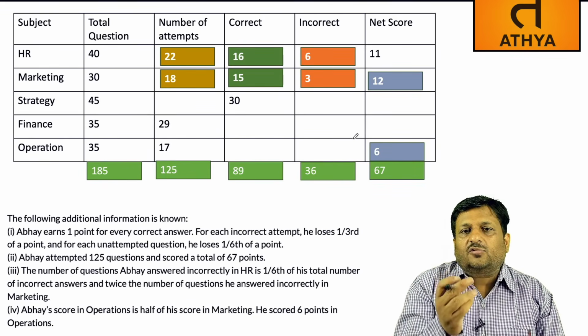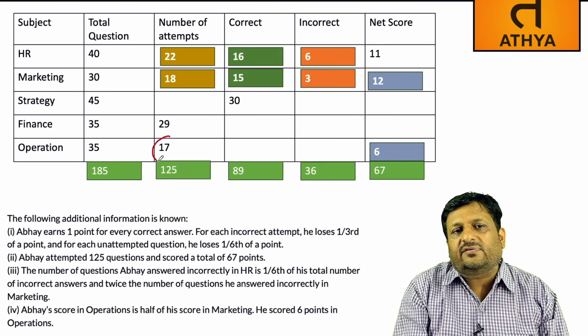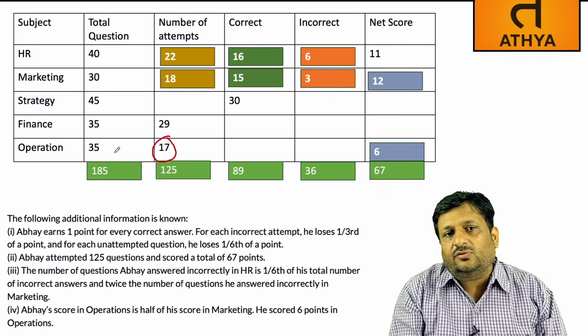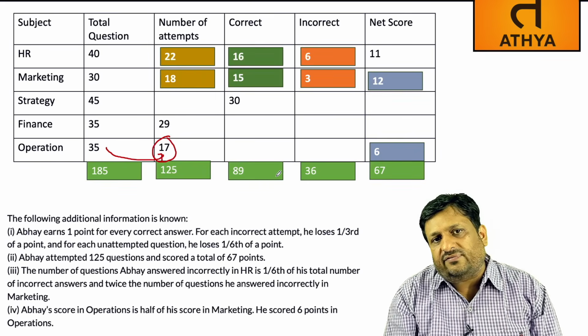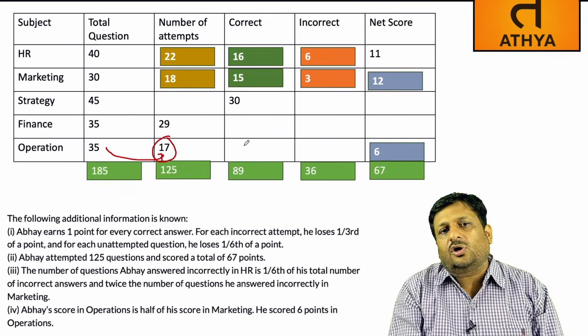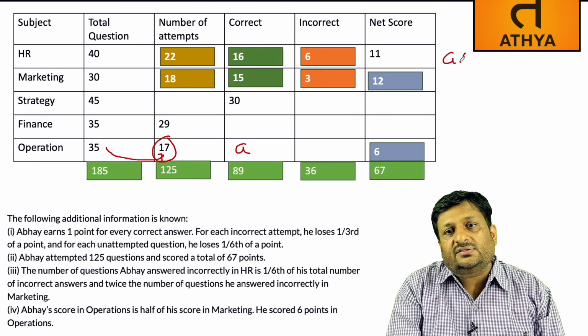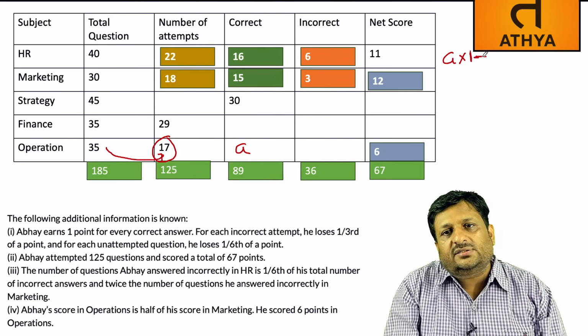So let's talk about operations. It is given to me that he has attempted 17 questions. 35 minus 17, it means 18 questions he must have left over. So let's say he has got A correct. So if A are correct in operations, the score from the correct answers is A multiplied by 1, but this is not the net score.